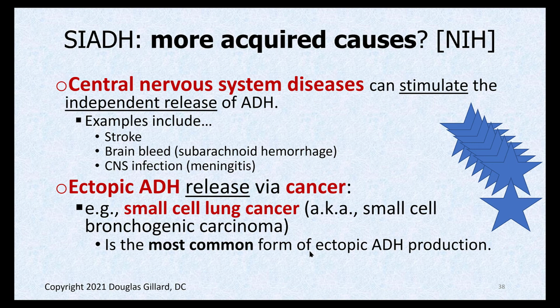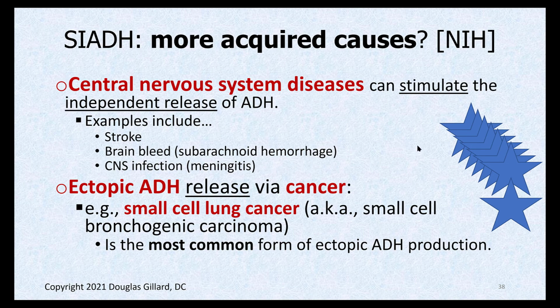Now the acquired causes: central nervous system diseases can definitely do it, like a stroke could do the trick, and all these conditions can stimulate the over-releasing of ADH. So a stroke, a subarachnoid hemorrhage, some infections can do it.